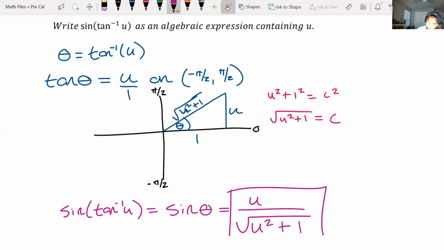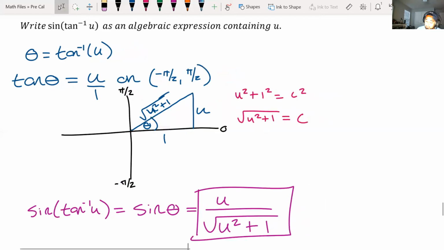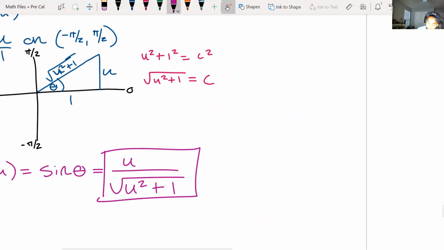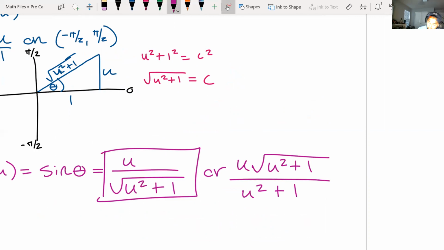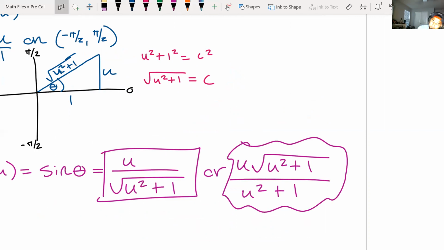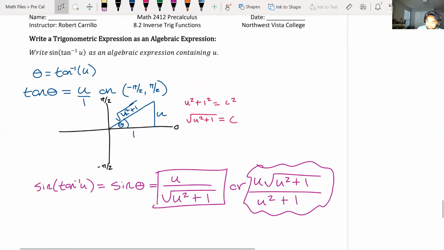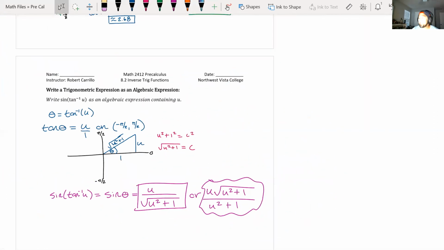It might let you answer that, but if you did have to rationalize, what would you write? U times the square root of u squared plus 1 over u squared plus 1. That's not as bad. And there it is. That's what we did on the first page, but with more letters.